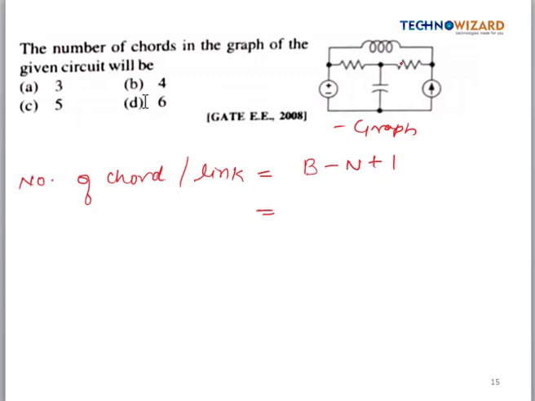Now in this graph, the voltage source is considered a single branch, this inductor is another branch, this resistor is the third branch, this is the fourth branch, this is the fifth branch, and this is the sixth branch. So the number of branches here is 6. The number of nodes is first, second, third and fourth, so 4, and with the plus 1 this gives 3. So option A is correct.